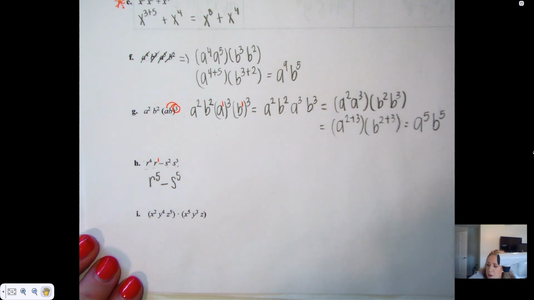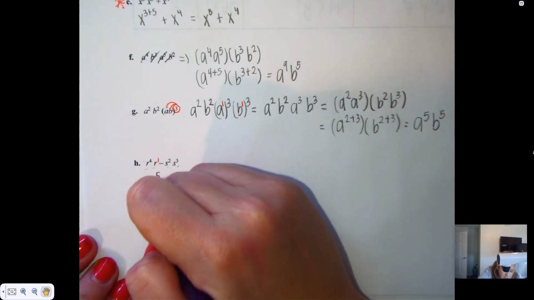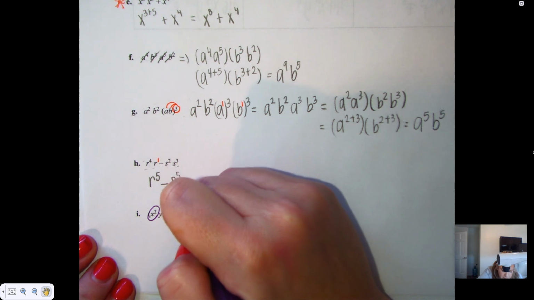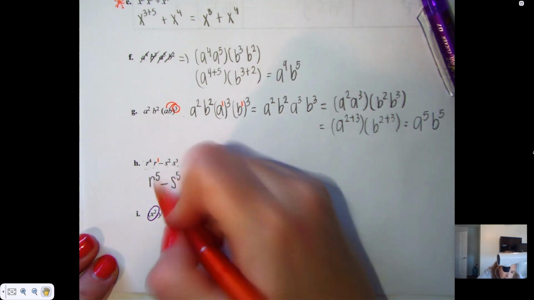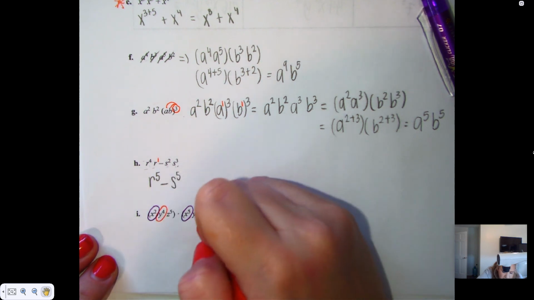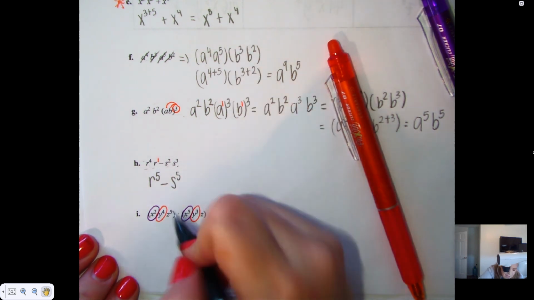So you can certainly rewrite this if you want. I am not going to rewrite this. What I want to do is recognize what's happening here, okay? So I have x's, I have y's, and I have z's.